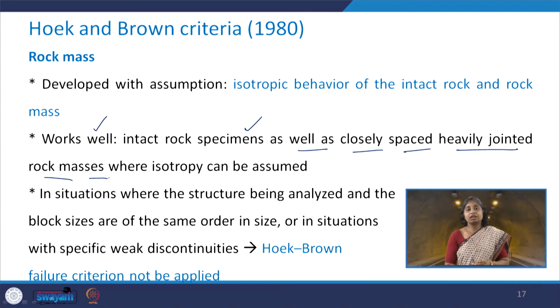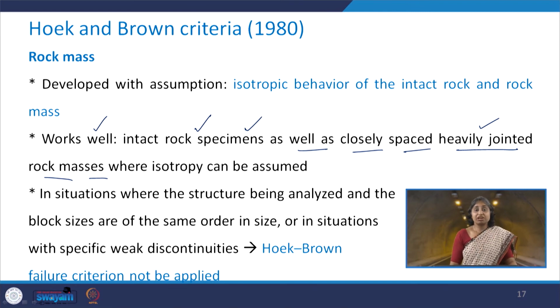If you recall, in one of the previous lectures, I mentioned to you that massive rocks or highly jointed rock masses both can be considered as isotropic material. So, the Hoek and Brown criterion works very well in case of intact rock specimens and also closely spaced heavily jointed rock masses.